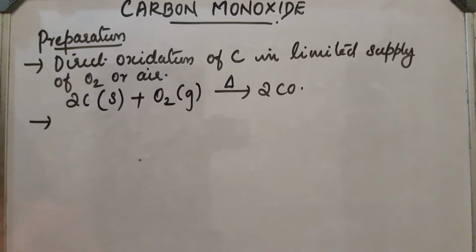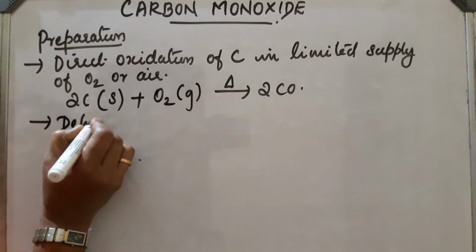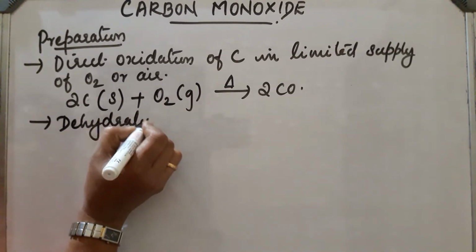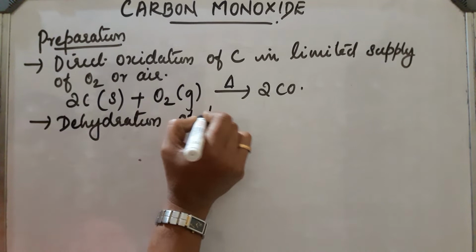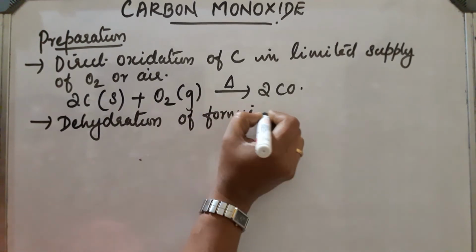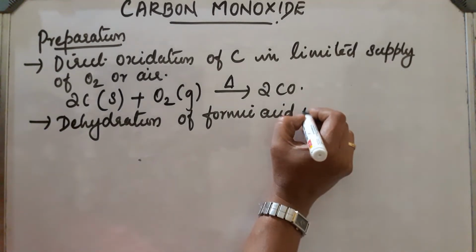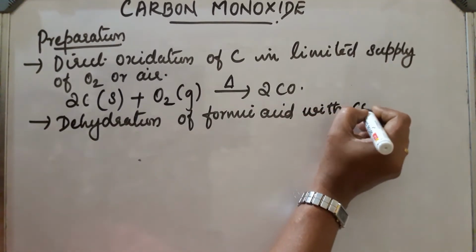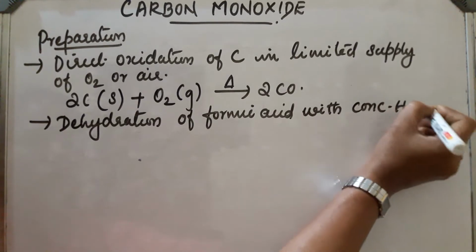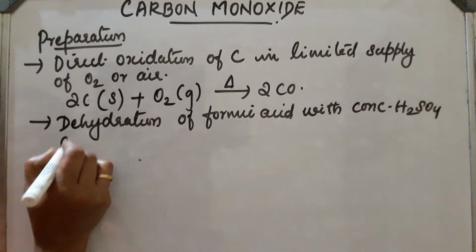Next, the second method of preparation. In this method, it is produced on a small scale and pure carbon monoxide can be obtained. Dehydration of formic acid with concentrated H2SO4 at 373 Kelvin.